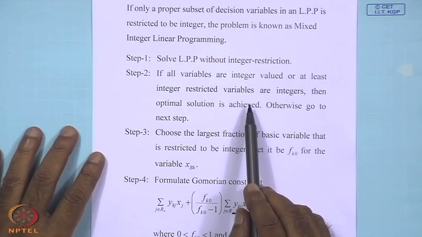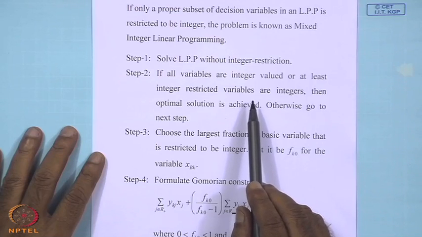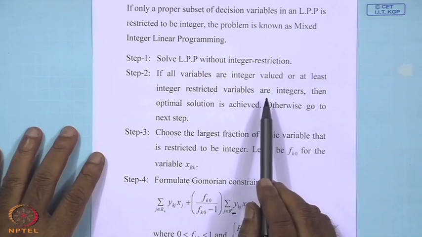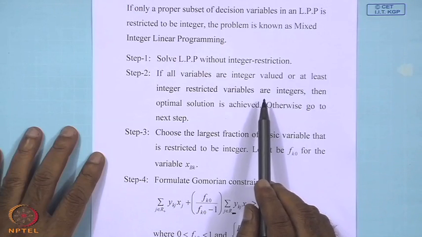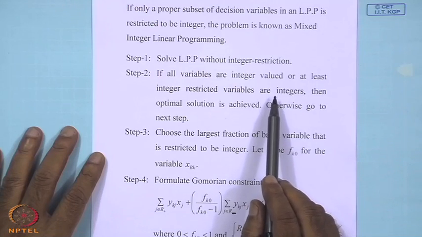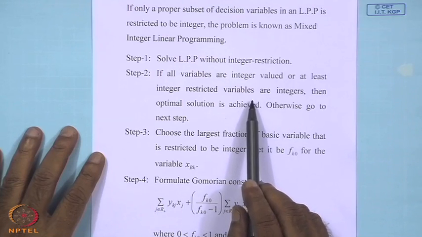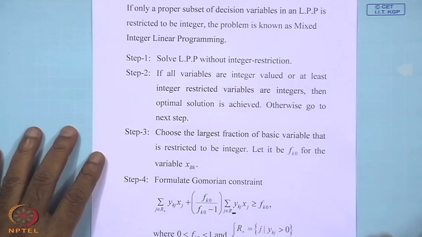Means if the optimum feasible values of the variables whose values must be integer are integers, then no problem, you got the optimal solution and you should stop now. Otherwise, you have to go to step 3.